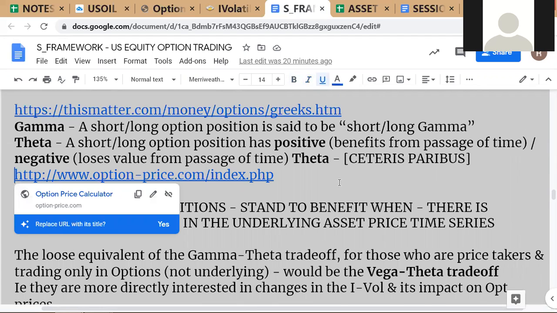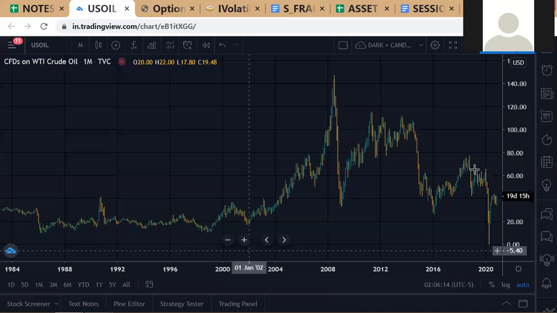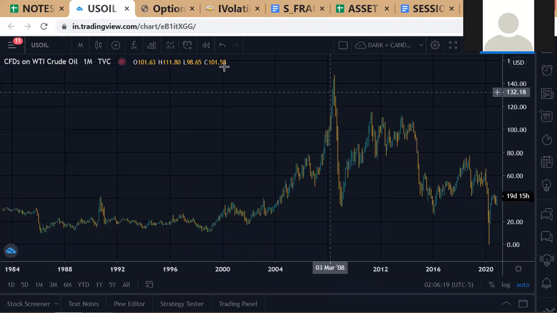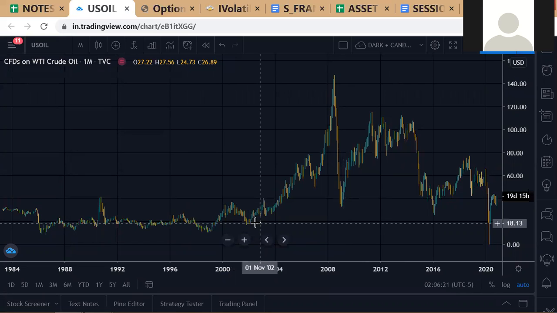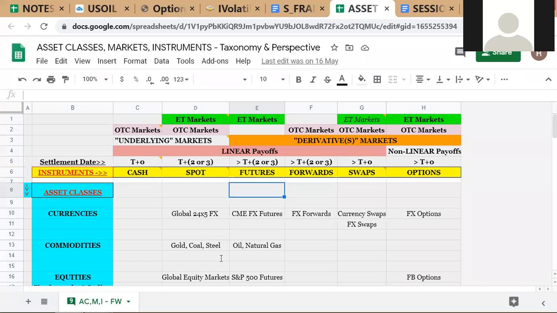But it's an important thing to understand, so I elaborated a little on what is the meaning of short and long gamma in relation to how the underlying asset price is moving. Short gamma is going to get killed when you have this kind of movement, and long gamma is going to get killed when you have this kind of movement. So you have the trade-off between the two.